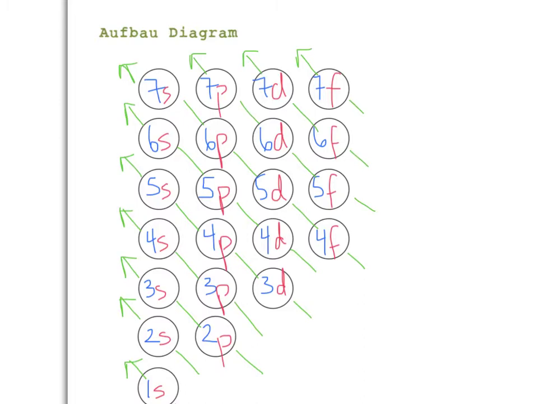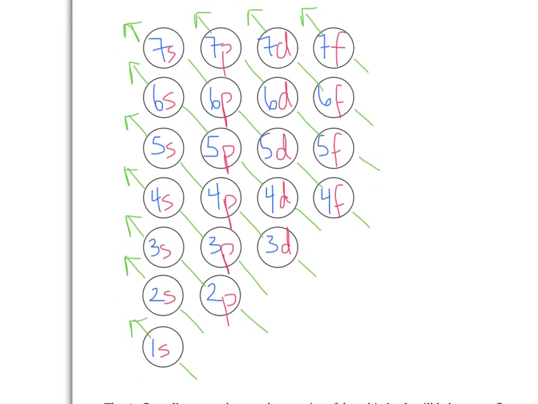So now your Aufbau diagram is complete, and we're going to use the arrows to help us predict the order.